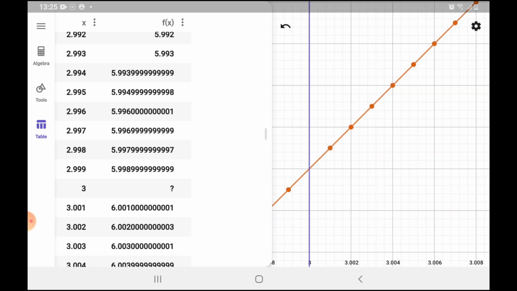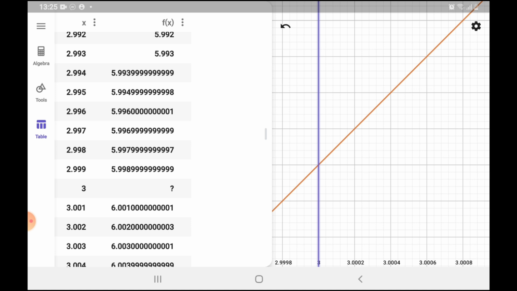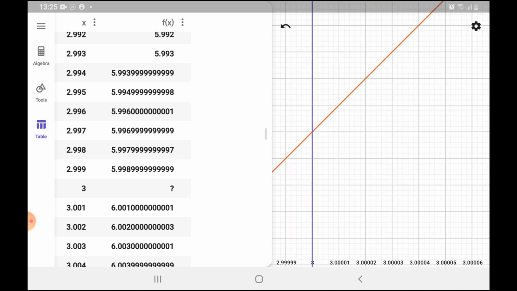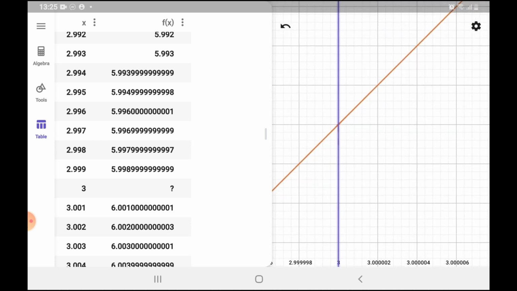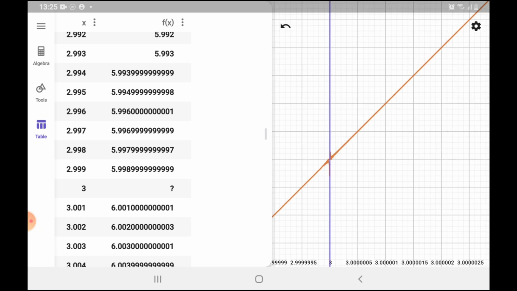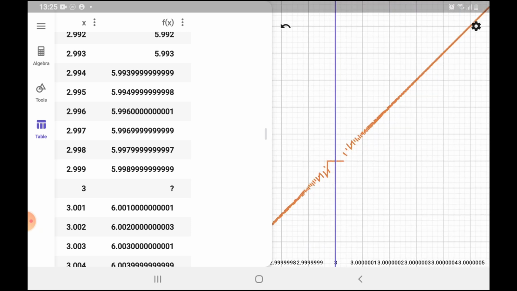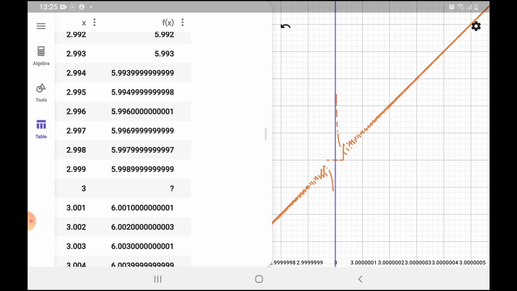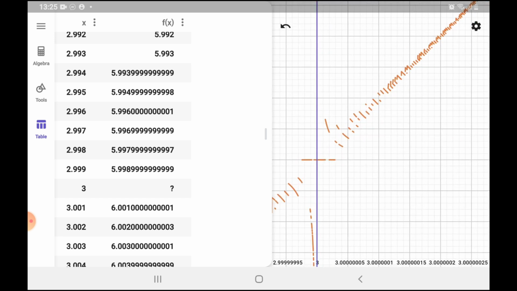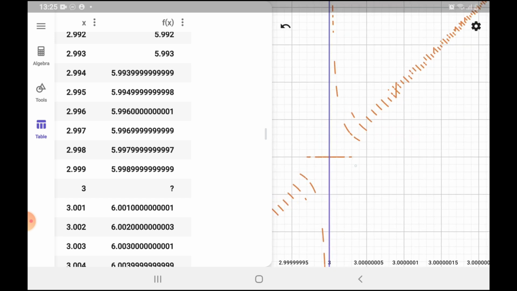And take note that at the value 6, we have our void point, where x is equal to 3 is put in. So you can see that there is a void in that point.